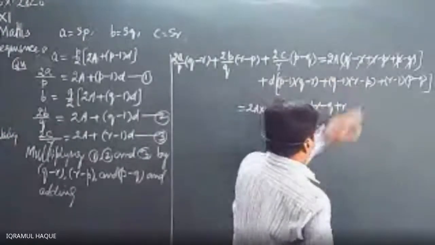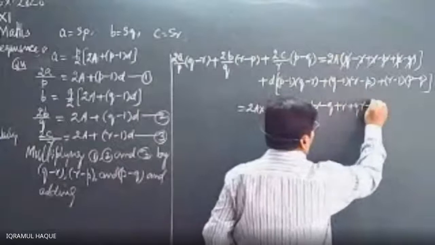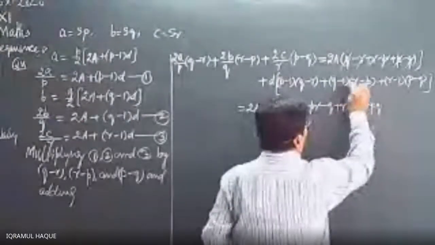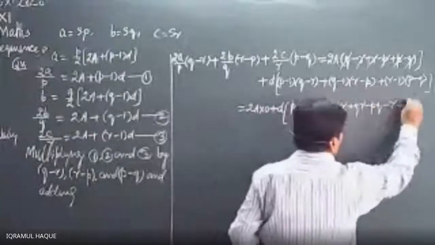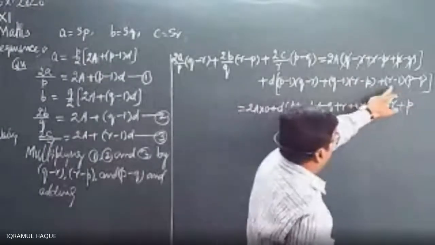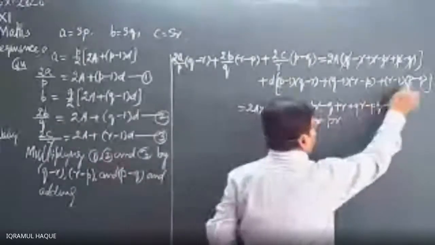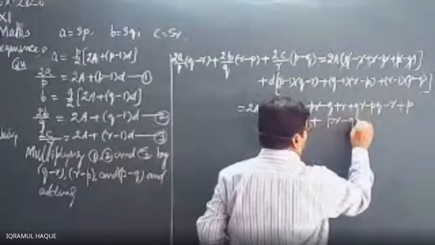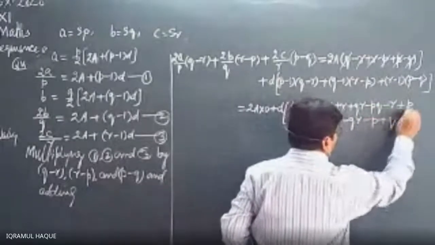Multiply this, q into r, plus qr, q into p, minus pq, 1 into r, minus r, and 1 into minus p, plus p. Plus, multiply this one, r into p, pr, r into q, minus qr, minus 1 into p, minus p plus q.